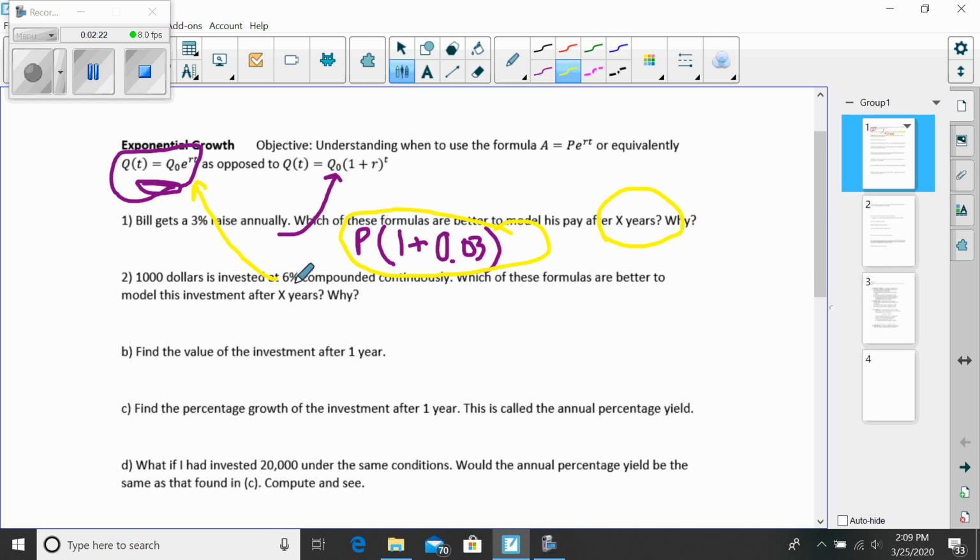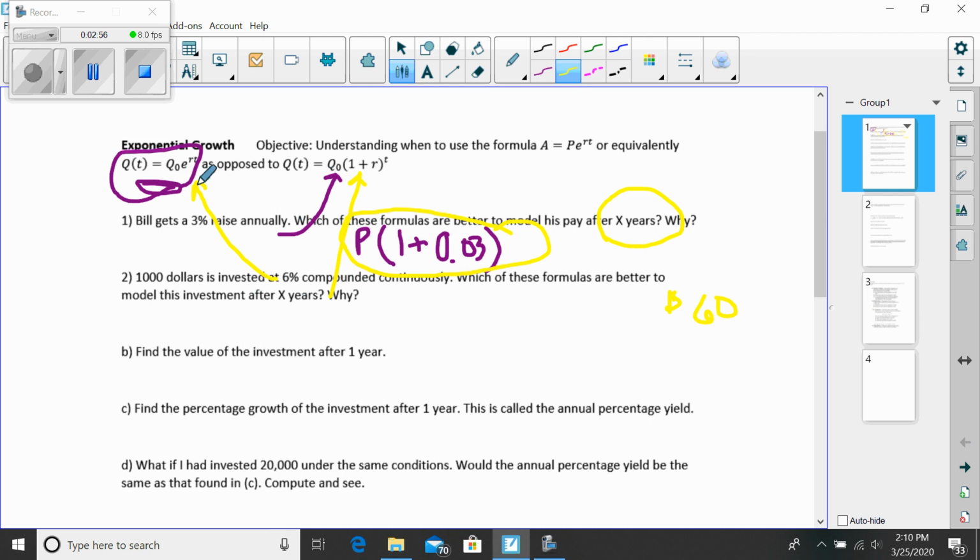If you invested $1,000 at 6% per year for 1 year, and at the end of the year, money was just dumped in your account as a lump sum, you invested on January 1st, and on December 31st you get money deposited into your account in the amount of $60. That's if you had used this formula up here. That's the result. You would get $60.